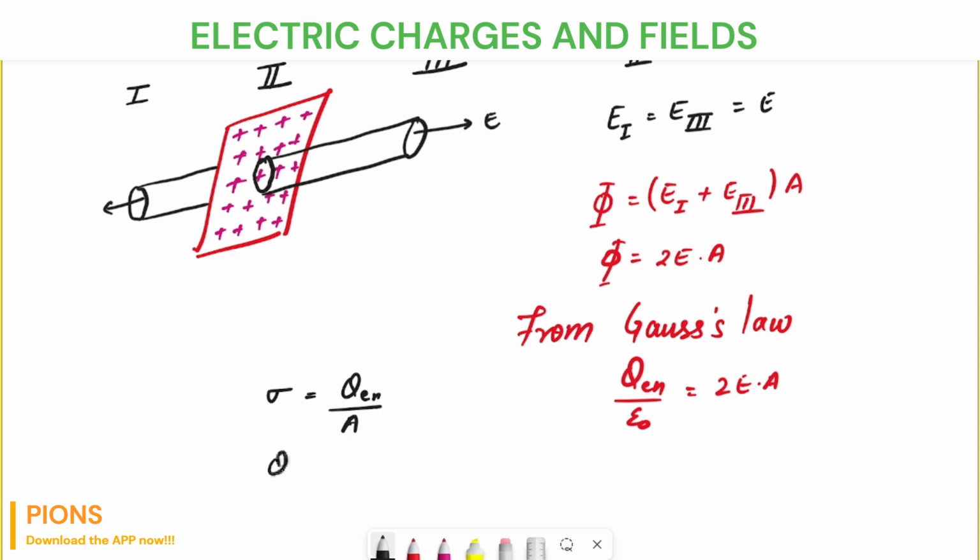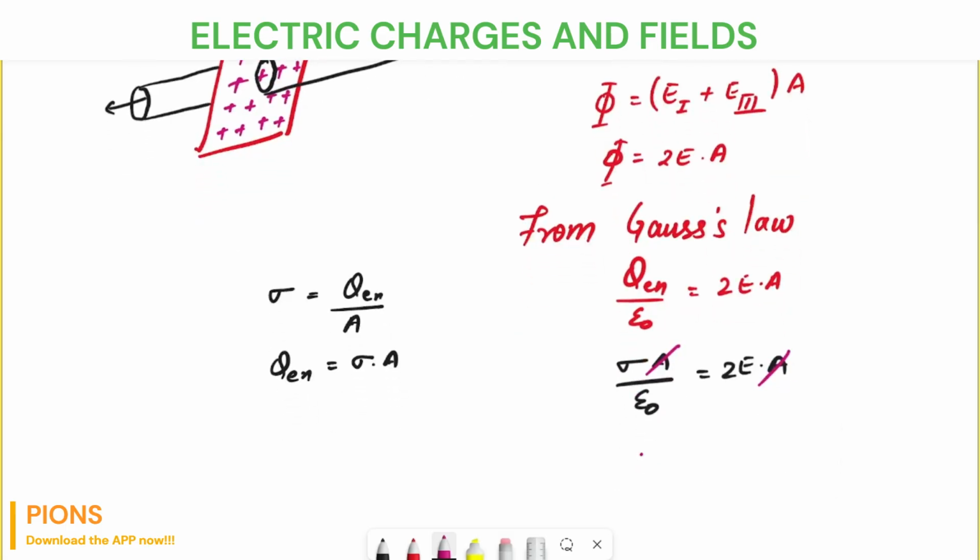So the charge enclosed by that area will be sigma into A. Let's substitute this in Gauss's law. So sigma A upon epsilon naught must be equal to twice E into A. Let's cancel out A with A and we are left with E, which equals sigma by 2 epsilon naught.